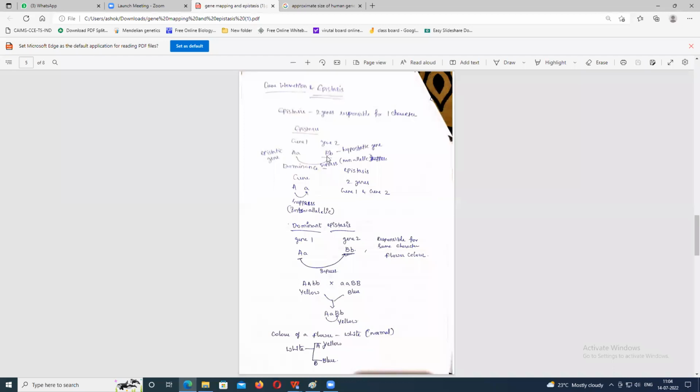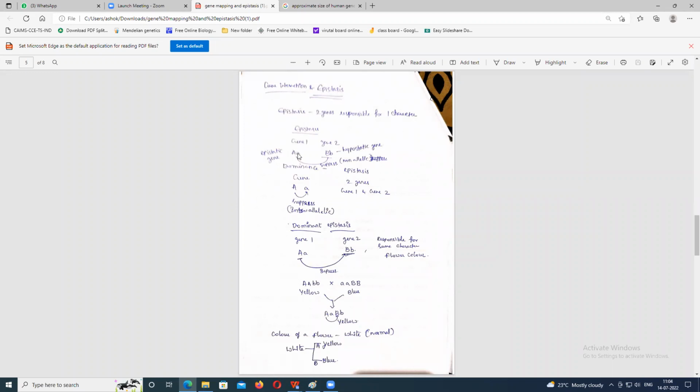Epistasis is different from normal alleles. Till now, we have studied alleles, with one dominant allele and one recessive allele. But now we are talking about two genes in which one gene is dominant and the other one is recessive.